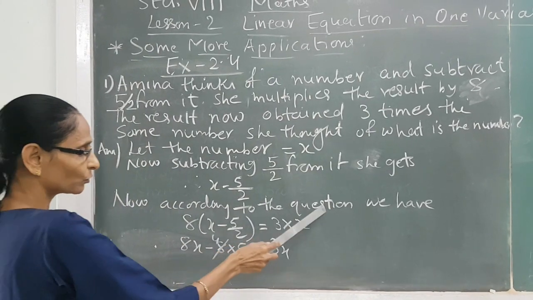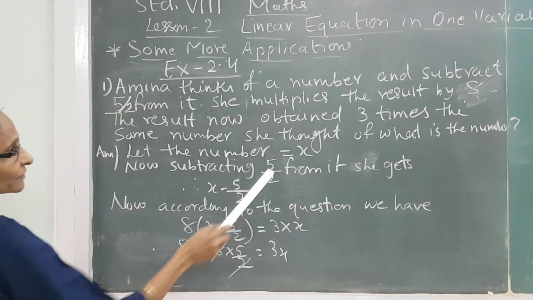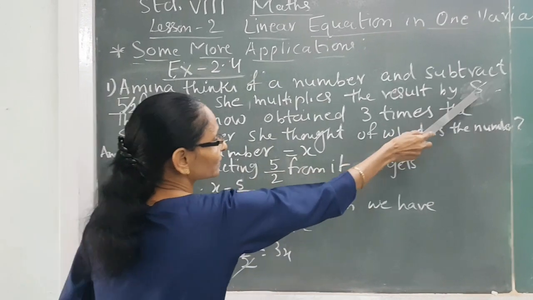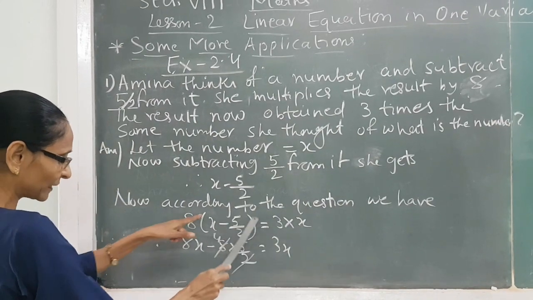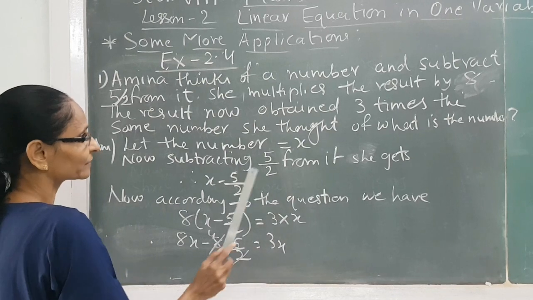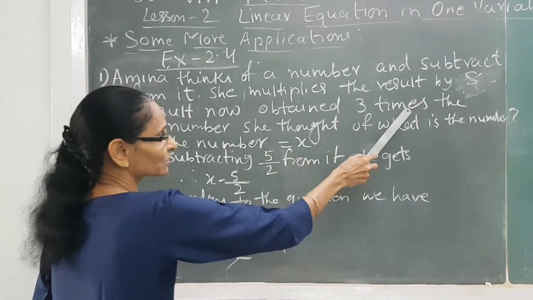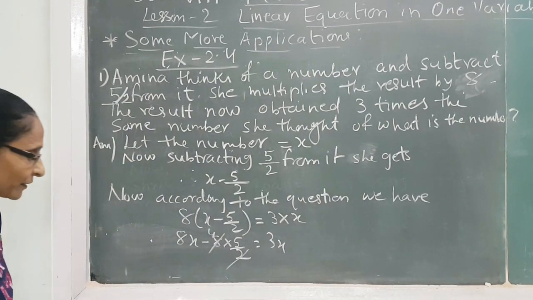Now according to the question, we have 8, multiply the result by 8. So 8 times (x minus 5 upon 2) is equal to 3 into x. See, it is given 3 times. I have already told you, when times is there, you are supposed to multiply.